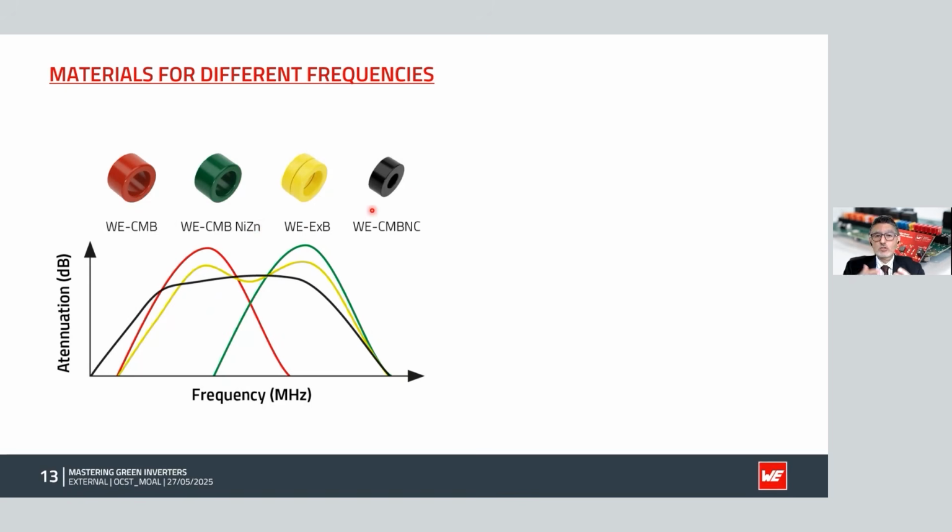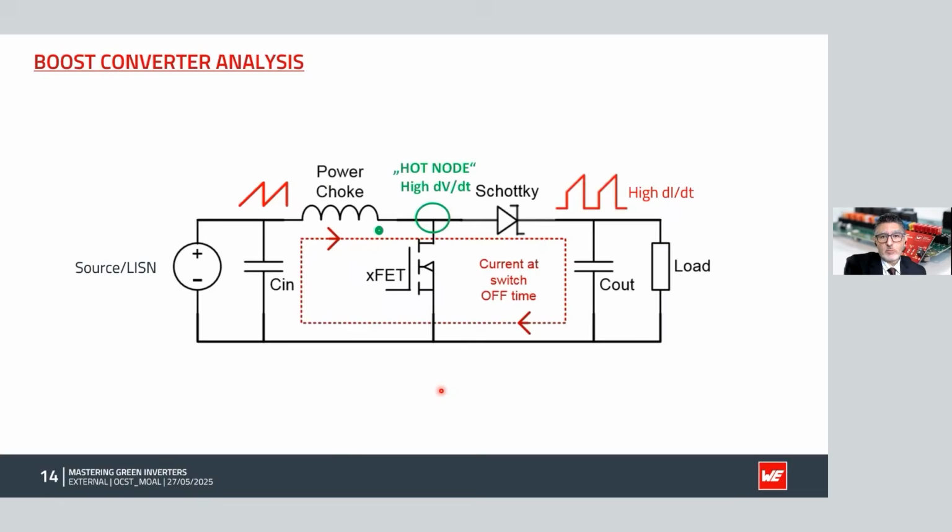And there's also this nanocrystalline type material, which is a much wider broadband type material, covers both conducted and radiated up to 100 megahertz. So this is the optimization of the selection of the type of common mode choke that would be utilized for this type of application.